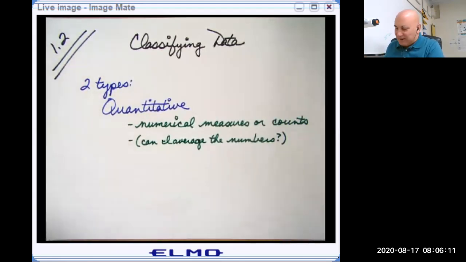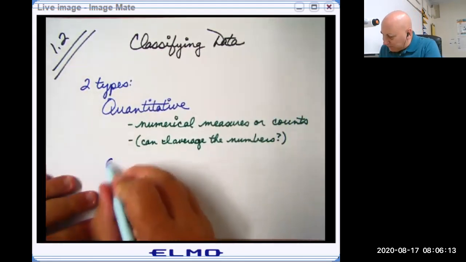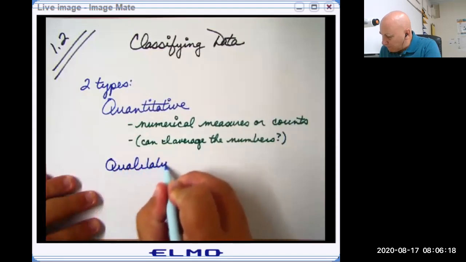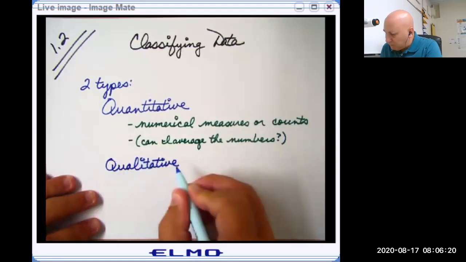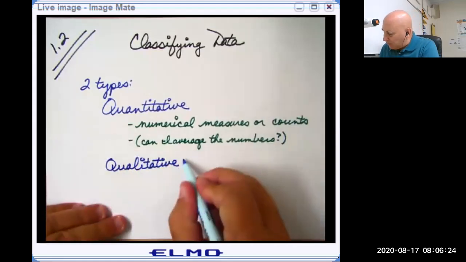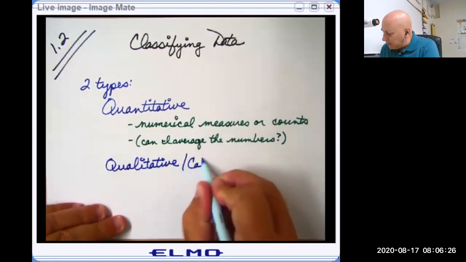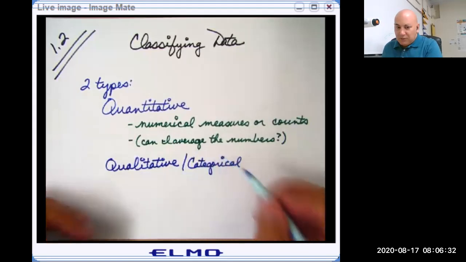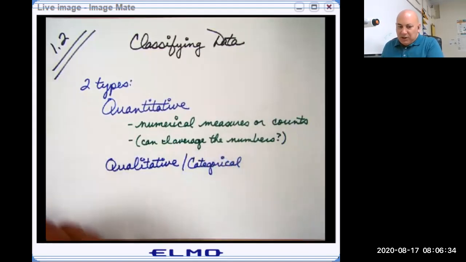The next type of data is qualitative data. And qualitative data is sometimes known as categorical data. We're going to use the two terms interchangeably. Qualitative data is qualities.